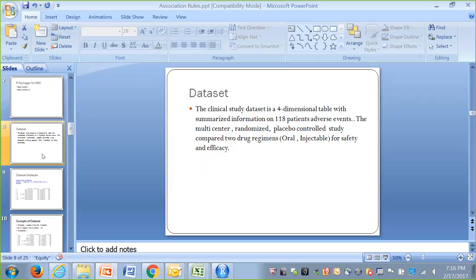So it was a very interesting study. As I go through it, you'll see that the relationship between the drug and the number of adverse events has that little association, and I think it's quite interesting to look at it from that perspective.